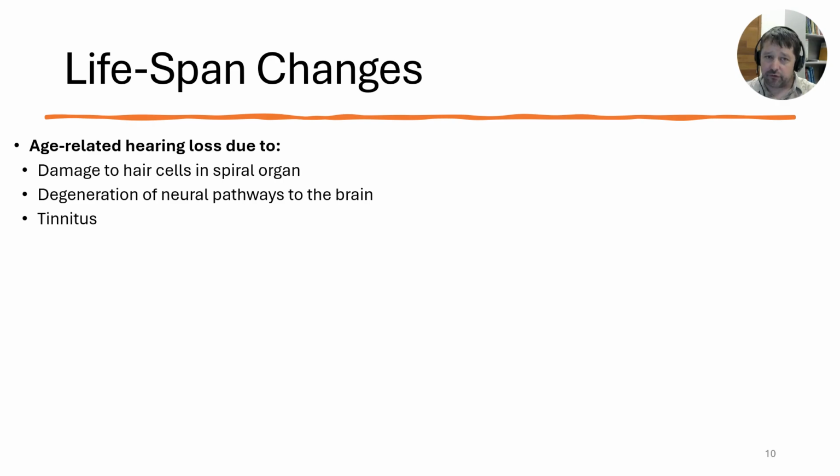You can have damage to the hair cells from overstimulation. So if that individual worked maybe in a factory or something like that, and continuously stimulated those hair cells with very loud noises, you can get tinnitus, which is going to be that overstimulation of hair cells. Along with that, you can get degeneration of neural pathways to the brain.